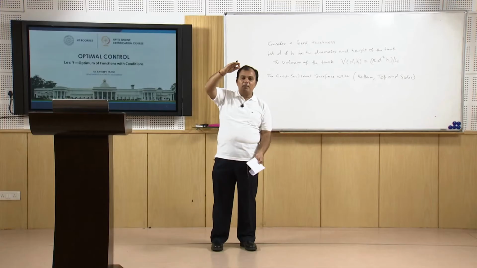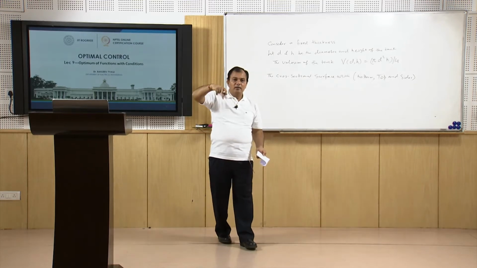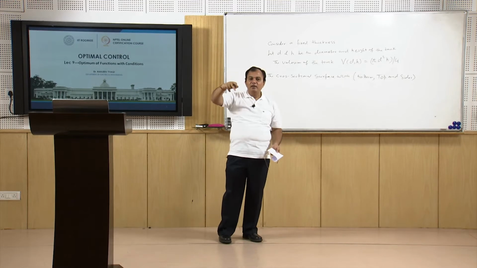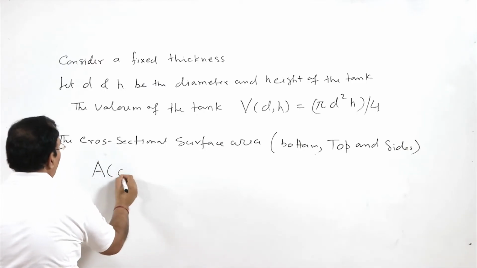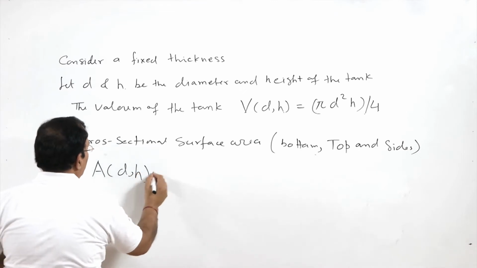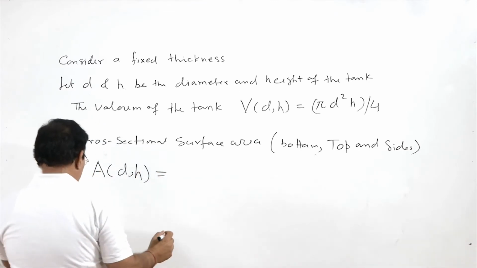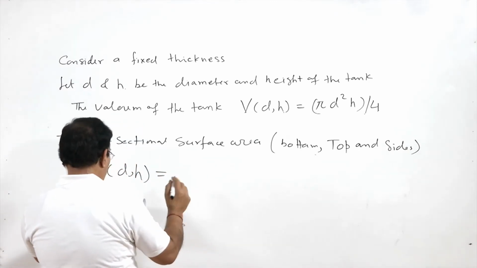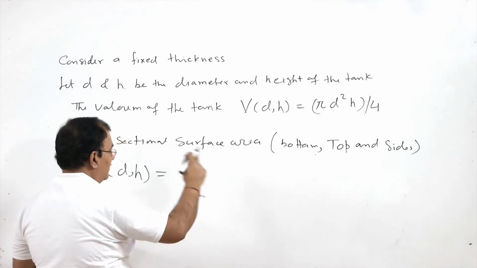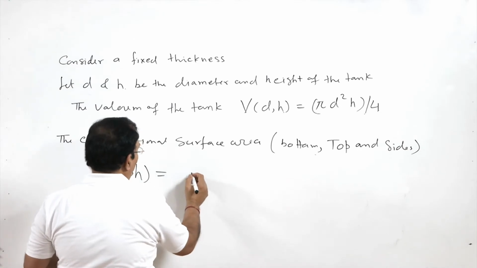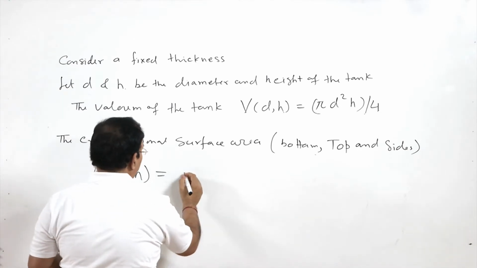The top and the bottom are my circular sheets, while the surface is my cylindrical sheet. So, this cross sectional area, if I write it as a function of d and h, pi r square is the area of my circular sheet.